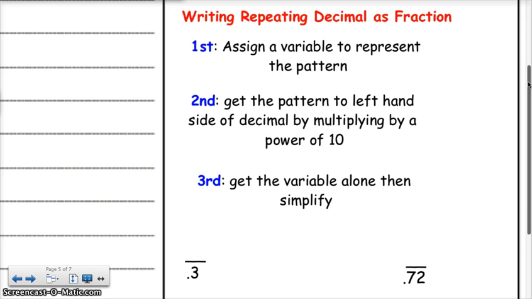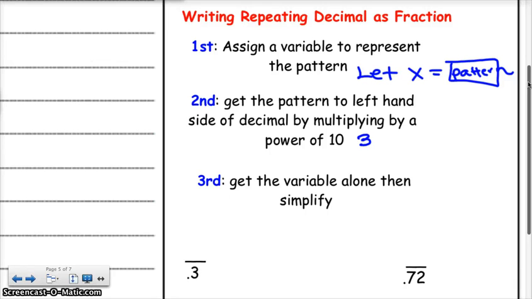So to write it, what I do is assign a variable to represent the pattern. That means x equals something. More specifically, what we say is let x equal the pattern. That's the first thing we're going to do. And then we're going to get rid of the pattern to the left-hand side of the decimal by multiplying by a power of 10, because multiplying by a power of 10 just moves the decimal over.